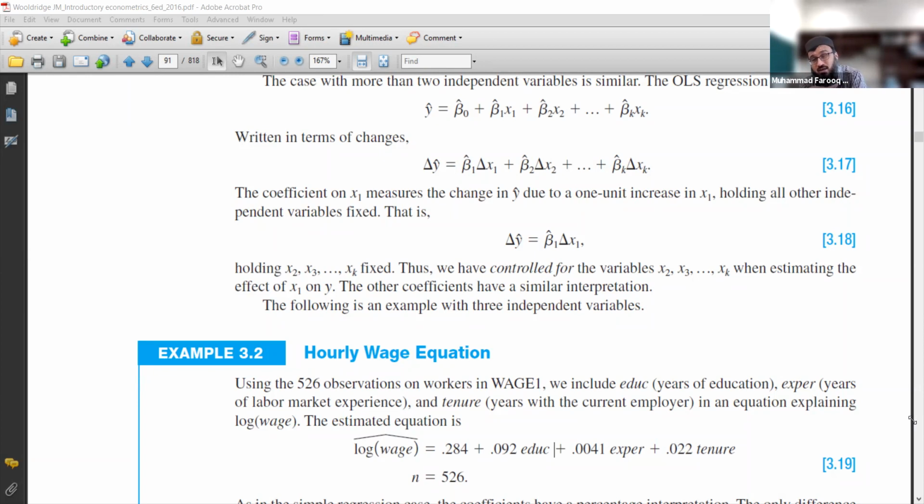So if we take this regression literally, okay, this describes how employers set the wage for different workers and how they value these three different traits about a worker. What does it tell us?